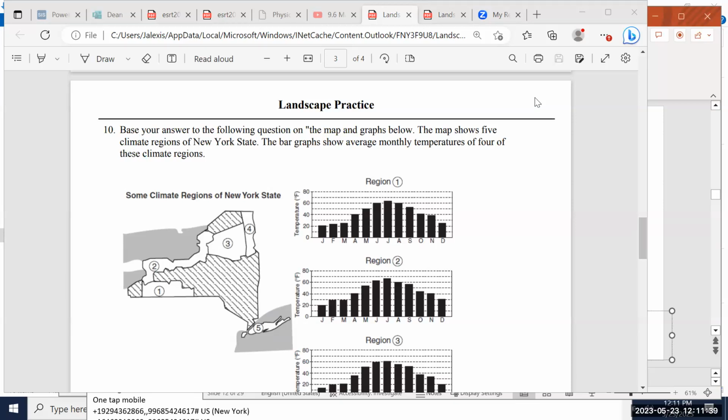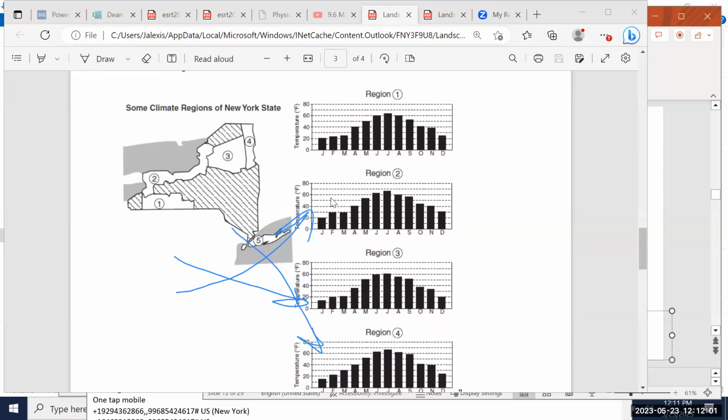The bar graph shows average monthly temperatures of 4 of these climate regions. So when I'm looking at the graph, this shows the temperature of region 1, this shows region 2, this shows region 3, and so on. That's why we see regions 1, 2, 3, and 4.